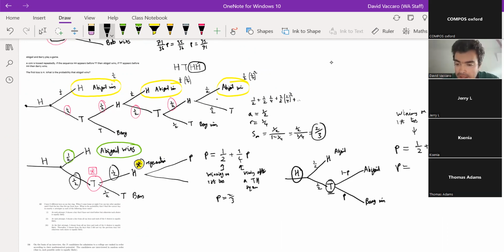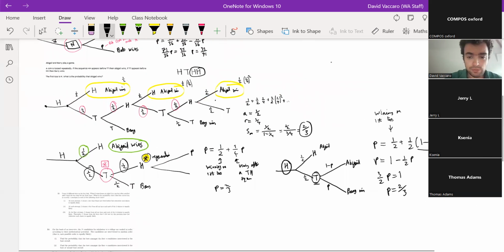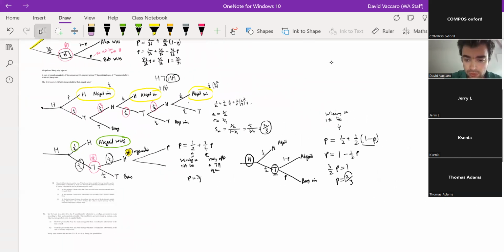And we therefore get P equals a half plus a half, which is 1, minus a half P. So we get 3/2 P equals 1. So P is equal to 2/3. Okay, so we get the same answer.